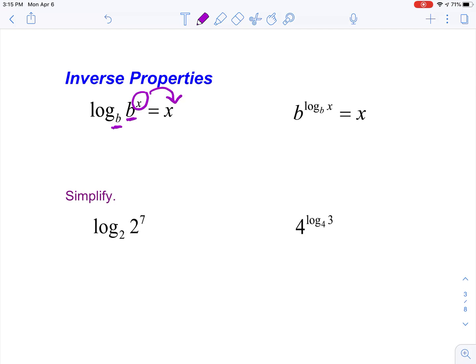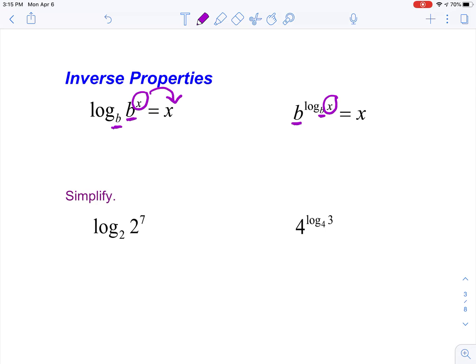So the bases must be the same to get that x value. Same is true if I have the base of the exponential to the log with the base of x. If these bases are the same, my answer turns out to be my x value.